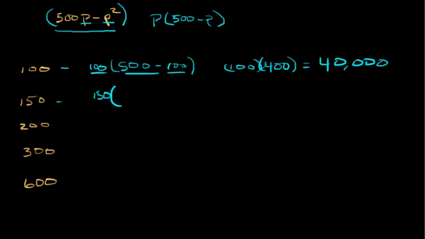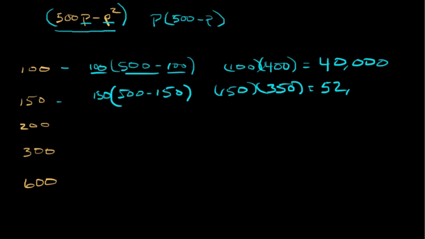150 times the quantity 500 minus 150, and that will be 150 times 350. Again, much smaller numbers. You probably couldn't do this one in your head, but at least it's very quick on the calculator. 200 times 500 minus 200 will end up being 200 times 300.